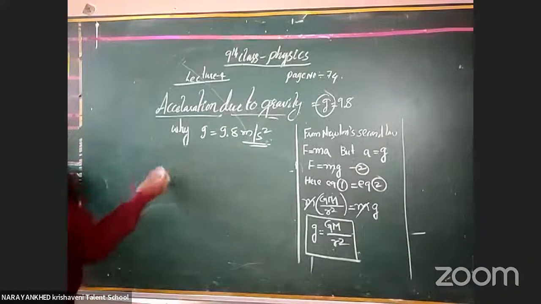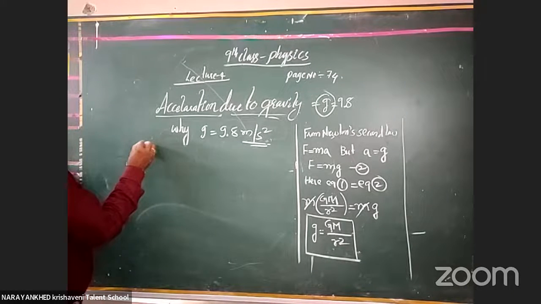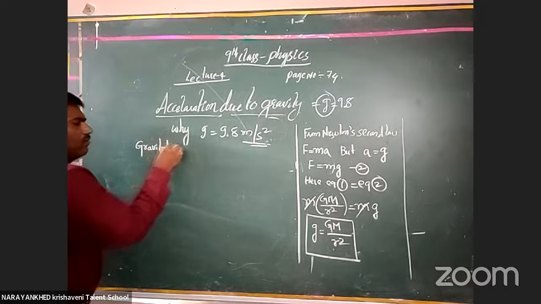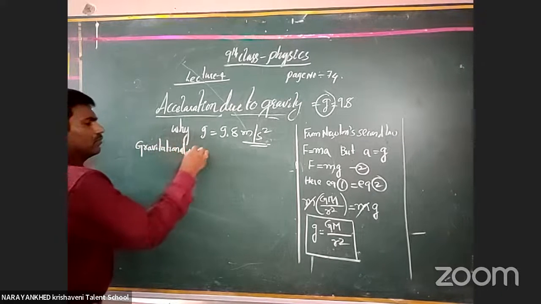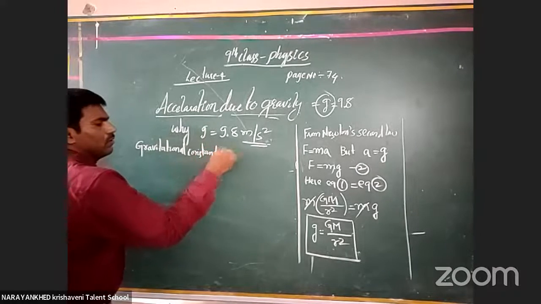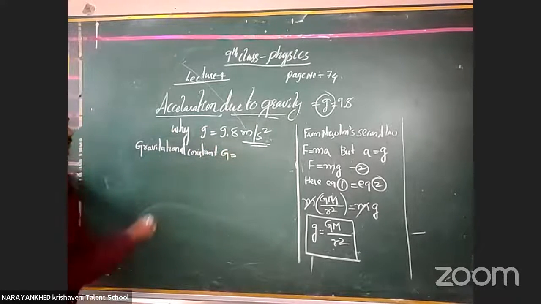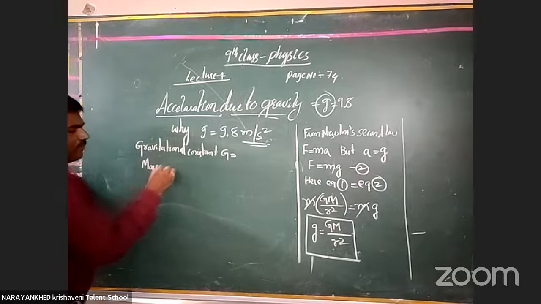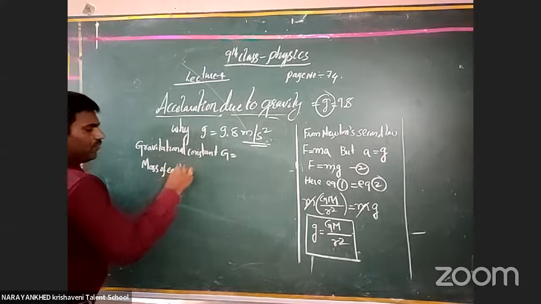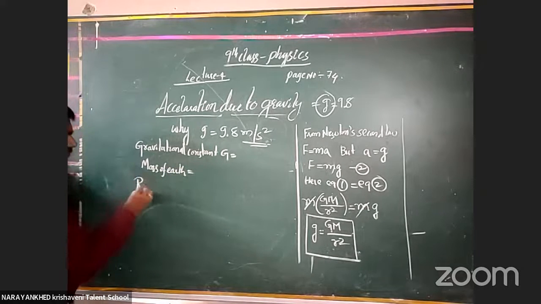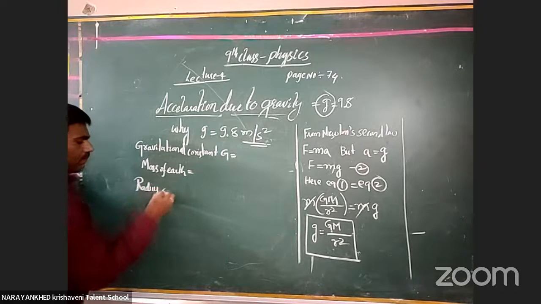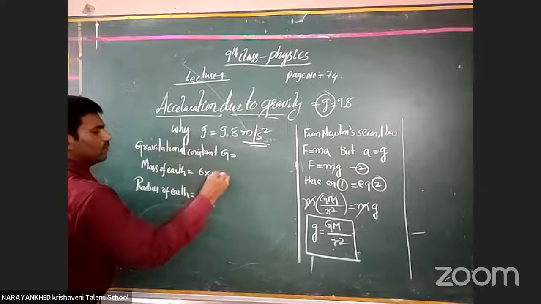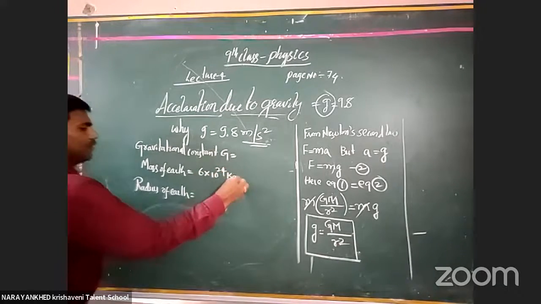Yeah, next, all the students listen carefully. Here, what is G? Gravitational constant. This is small g. Capital G it is. And M is the mass of Earth. Next, the radius of Earth. The mass of Earth is 6 into 10 to the power of 24 kgs.